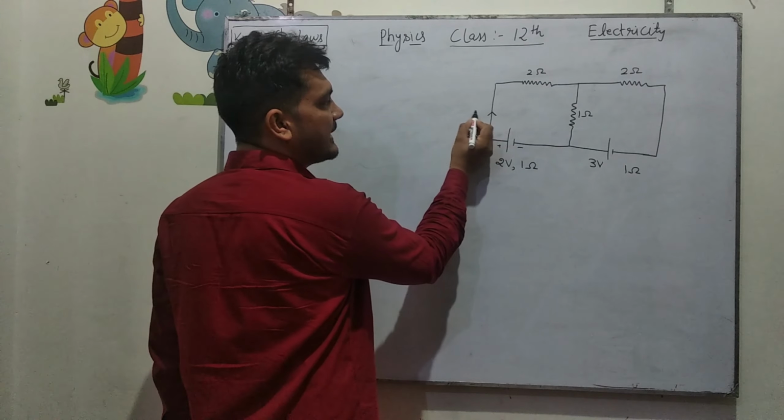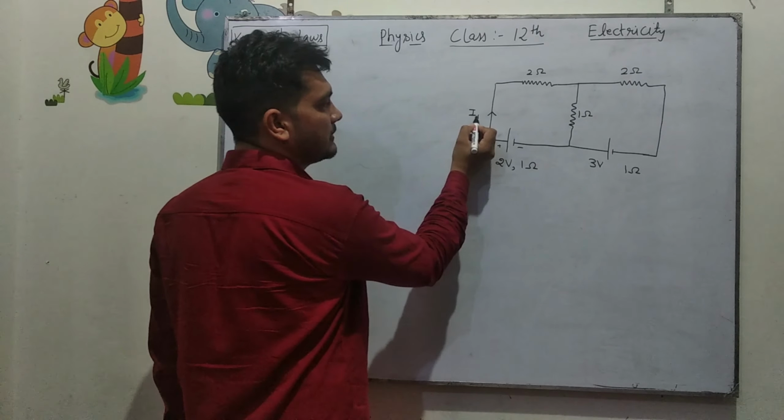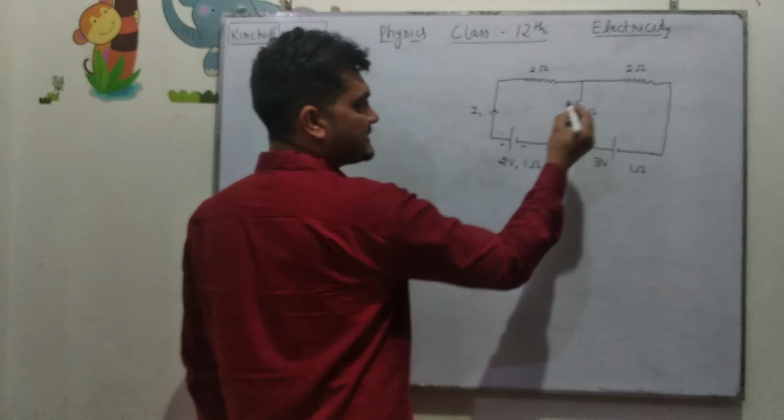Let the current in this branch be I1, the current in this branch be I2, and the current in this branch be I3. We have assumed the directions of current as per our own convenience. We are not looking at whether they are connected to the positive terminal or negative terminal. We are simply taking directions arbitrarily.